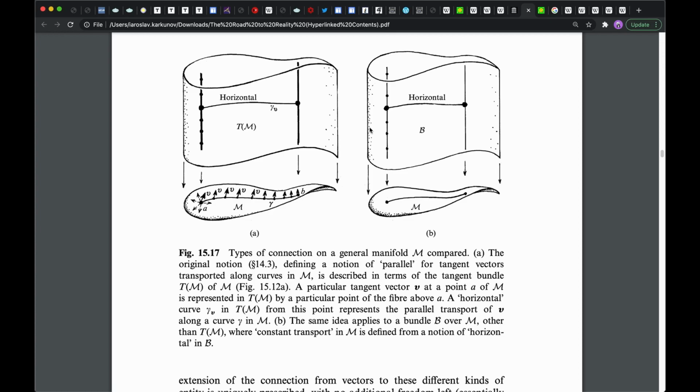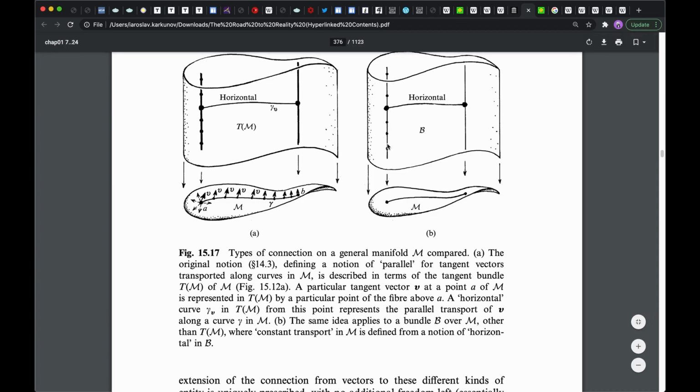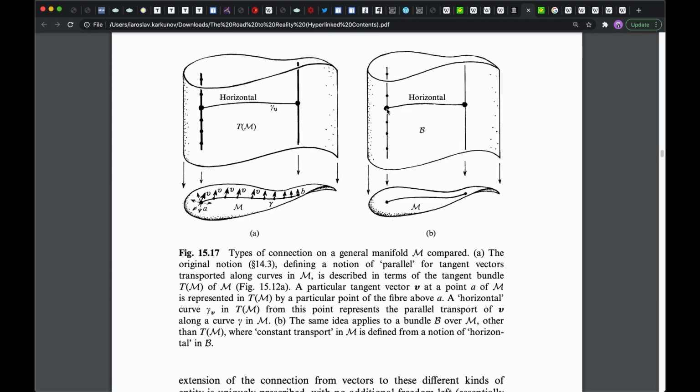By using the same metaphor, on the fiber bundles we have a base space here, M, and we have a fiber above every point of M. Therefore, a connection will push the values from one fiber to another.